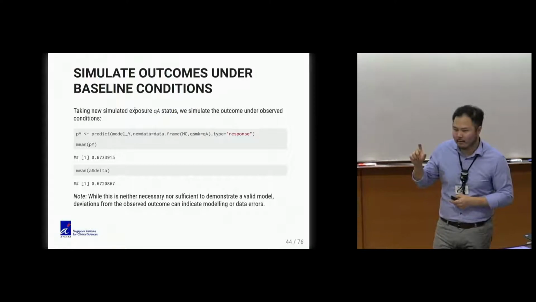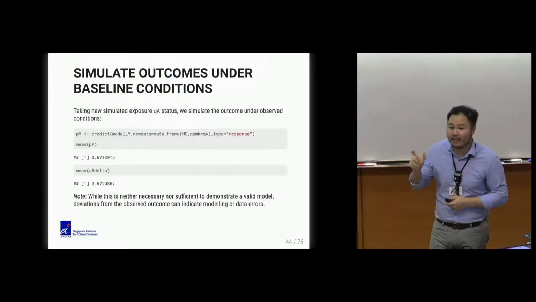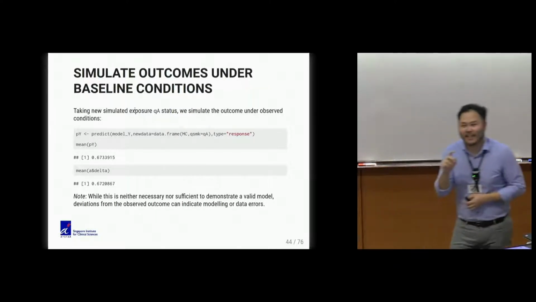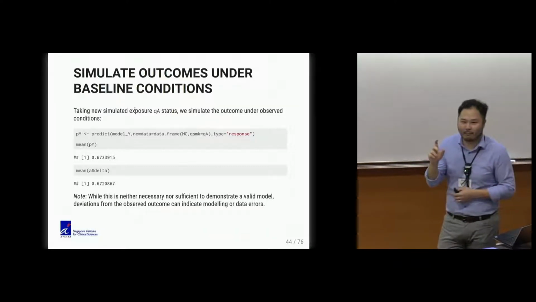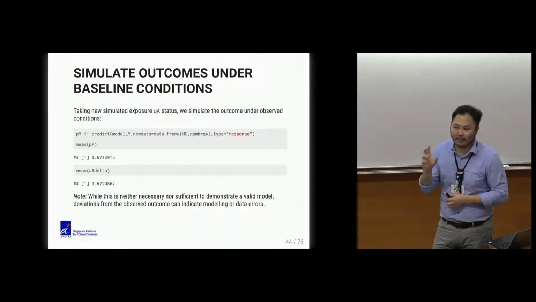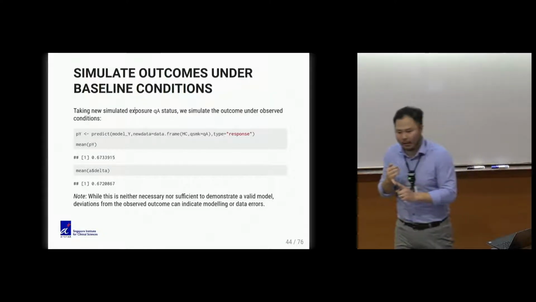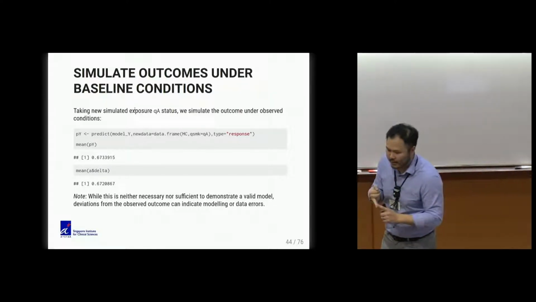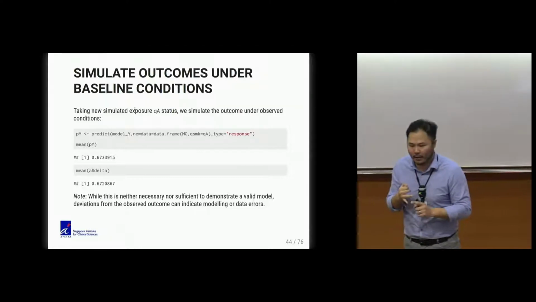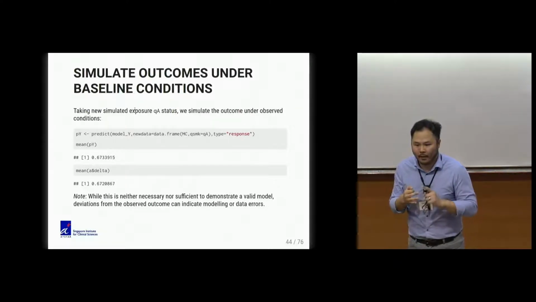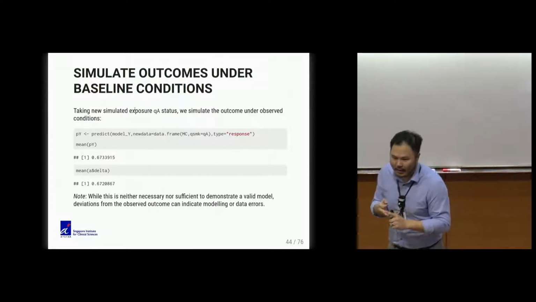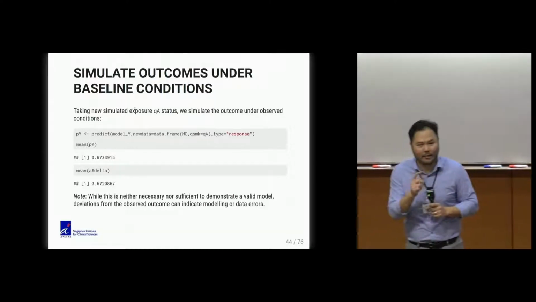So I'll just say that this is really neither necessary nor sufficient to show that your model is correct. There's no way to show that the model is correct, for two reasons. One is that even if this is a biased estimate of the observed distribution, it can produce an unbiased estimate of the risk differences.